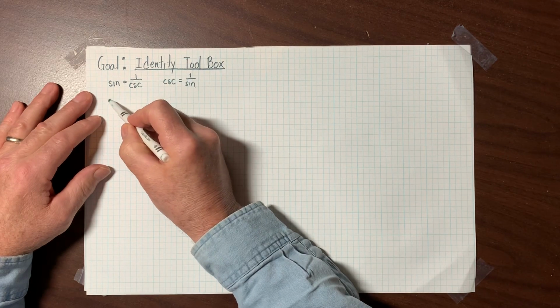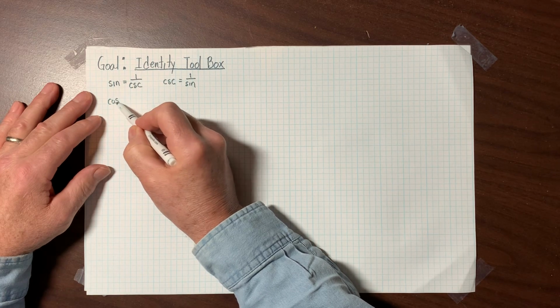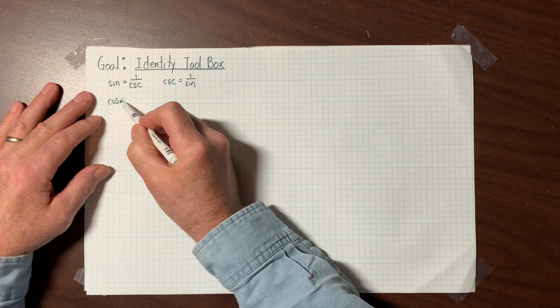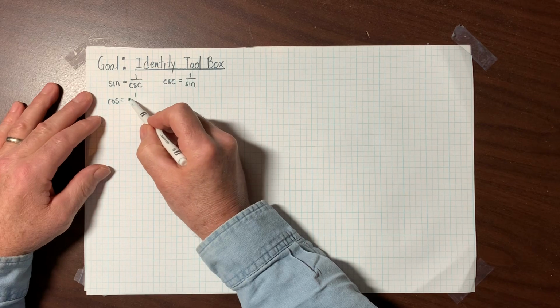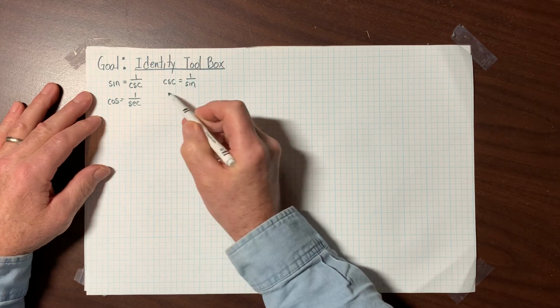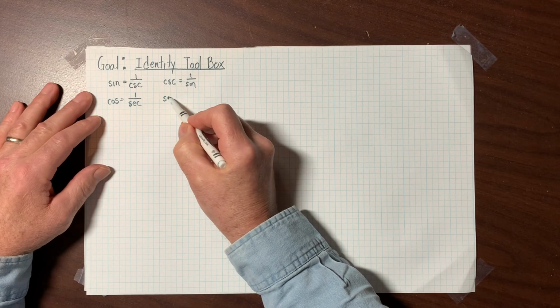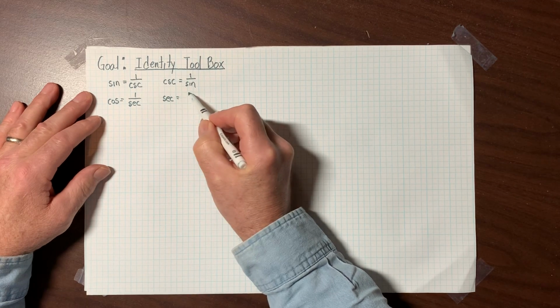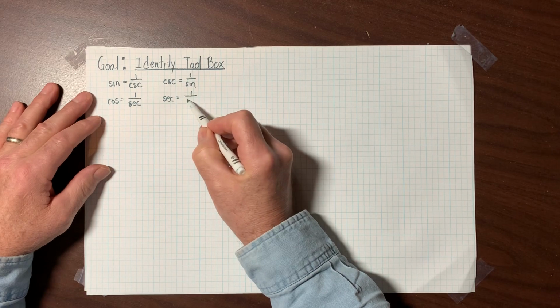The cosine, being the reciprocal of the secant, would be 1 divided by the secant, which means that the secant is equal to 1 divided by the cosine.